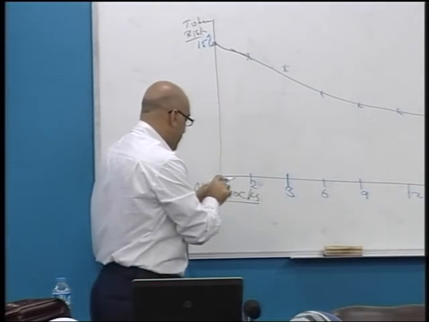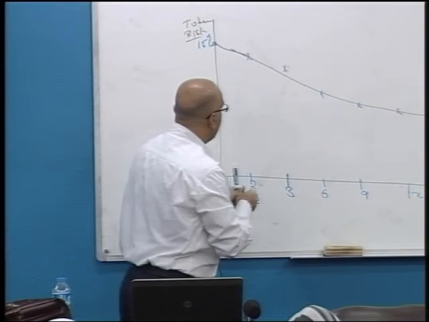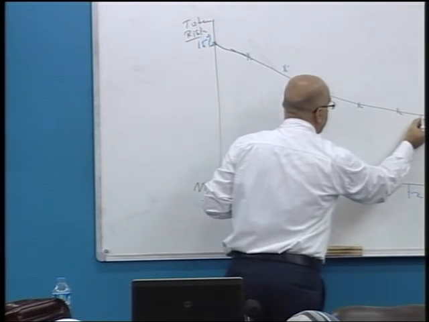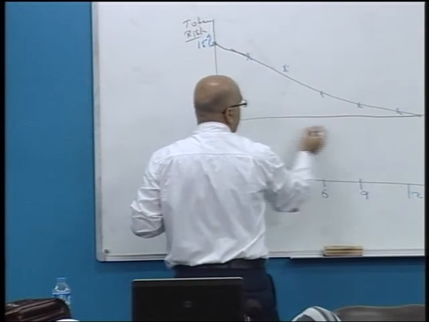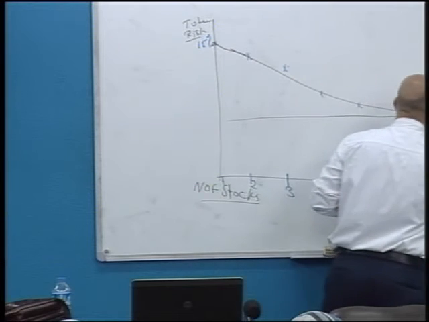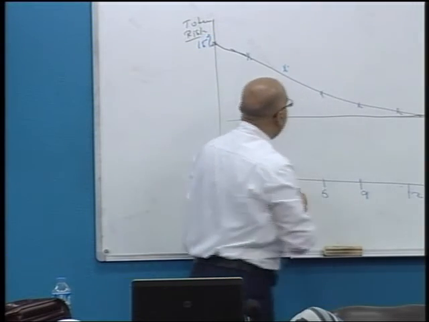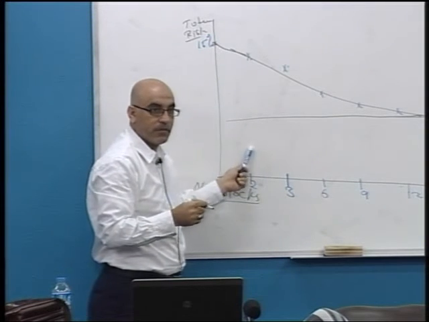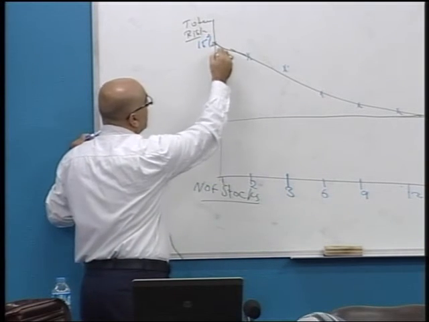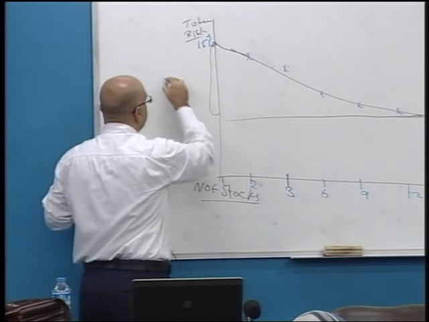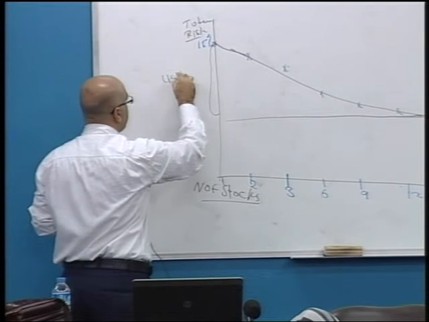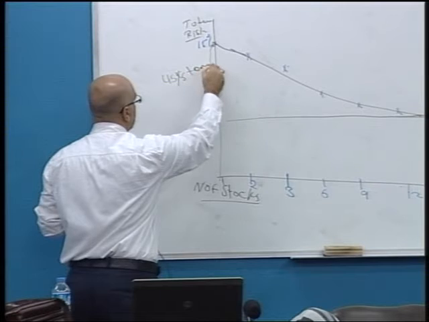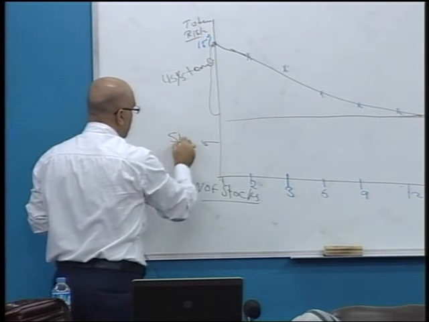Because what is the idea in here? The idea is like this. We cannot eliminate this area. Here is the unsystematic risk. Here is the systematic risk.